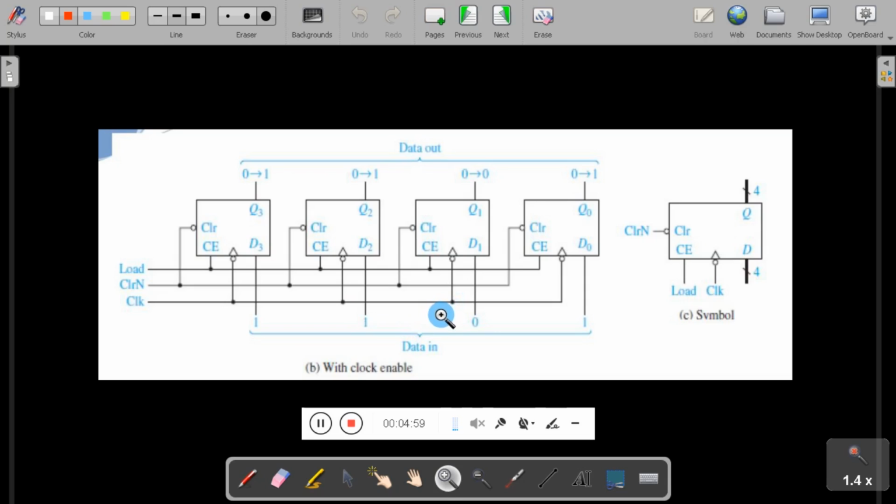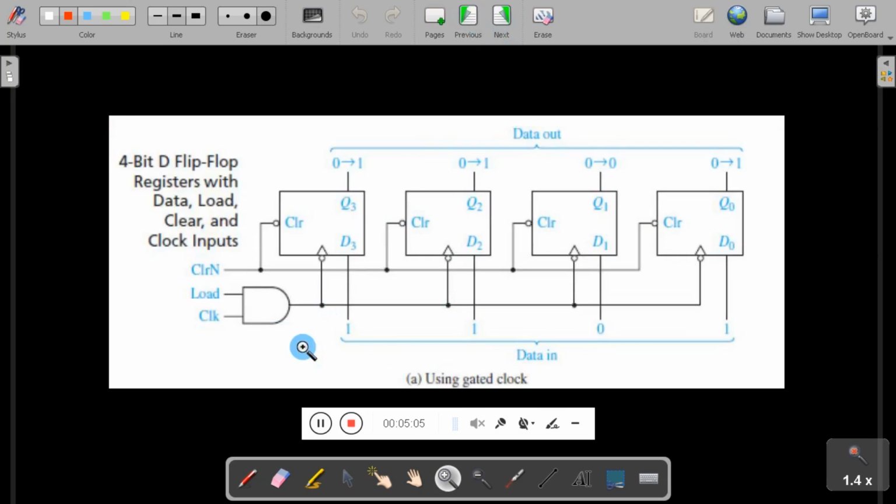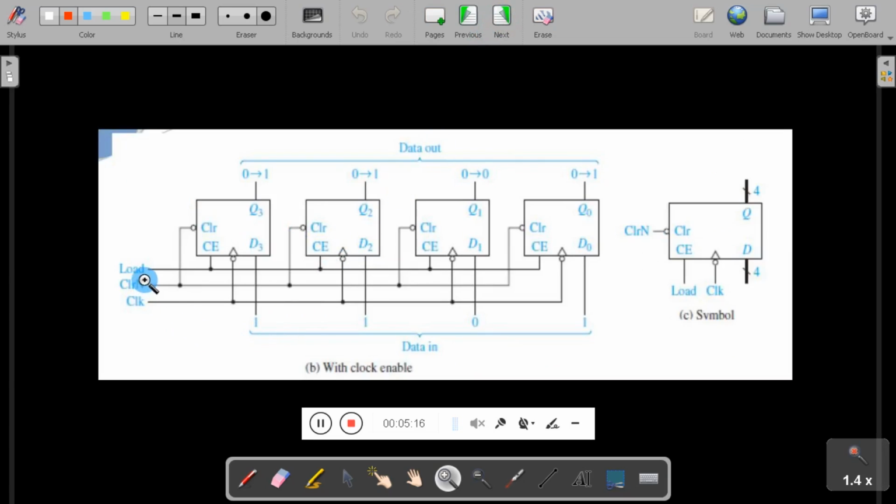The main comparison between this circuit and the previous circuit is that in the previous circuit we are using a gated clock, because the clock is given to the flip-flops by means of a gate with the help of the load signal. Now in this diagram, the load signal is directly connected to the chip enable pin of the flip-flops.